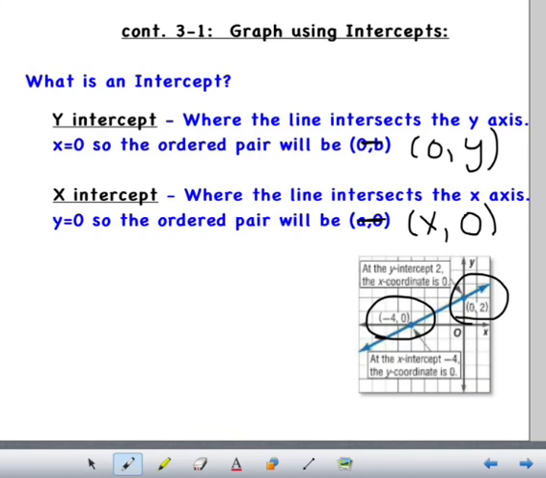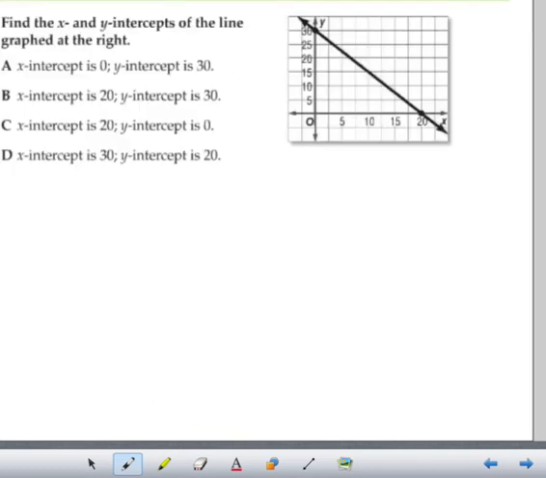All right, look at this first type of problem we're going to be looking at, just naming the intercepts. Those are really easy. You just look to see where it is crossing the x-axis. It's crossing the x-axis at 20, so my x-intercept has to be 20. This is a multiple choice problem, so I know immediately I can eliminate D and I can eliminate A, because my x-intercept has to be 20.